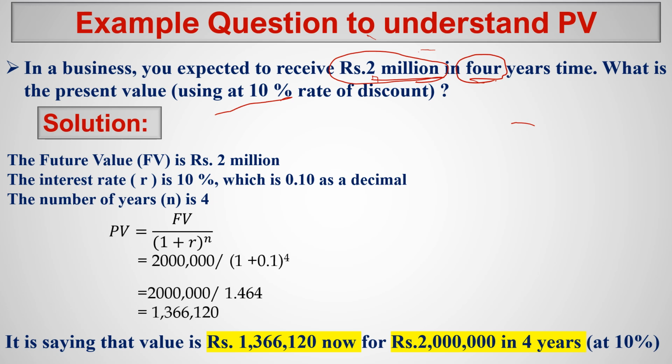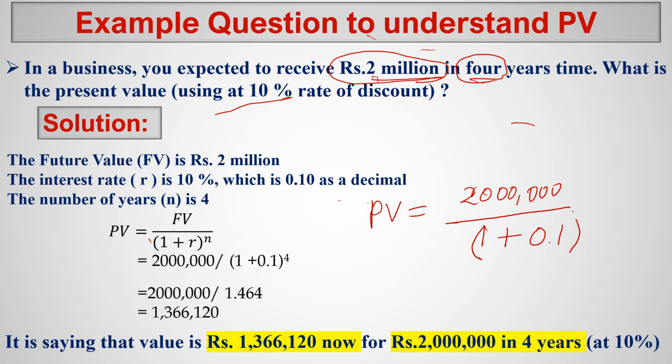So if I apply this to the present value equation, I will get this. I'll write here, the present value equals the future value. Future value is 2 million, divided by 1 plus r, where r is my discount rate. Discount rate is 10%, so here we put 0.1, to the power 4. 4 is my total years, because I am getting 2 million after 4 years, I'm using this 4.